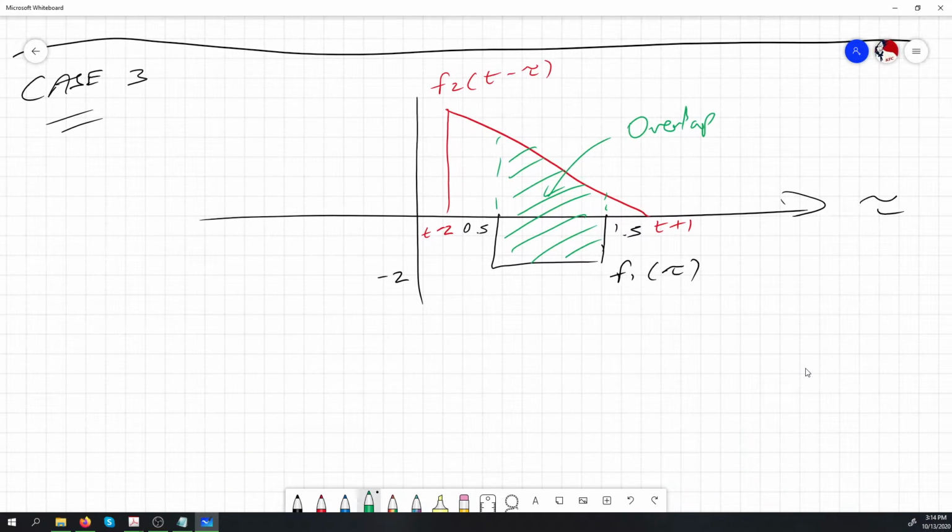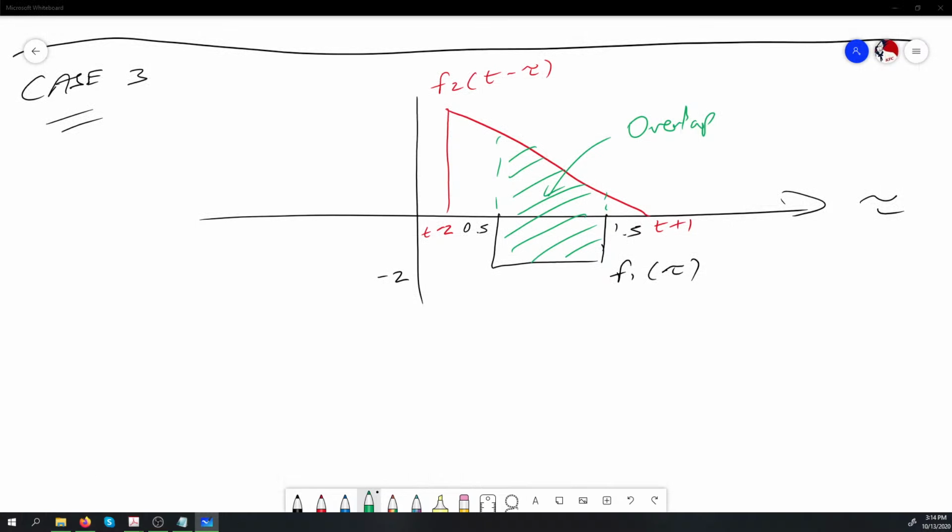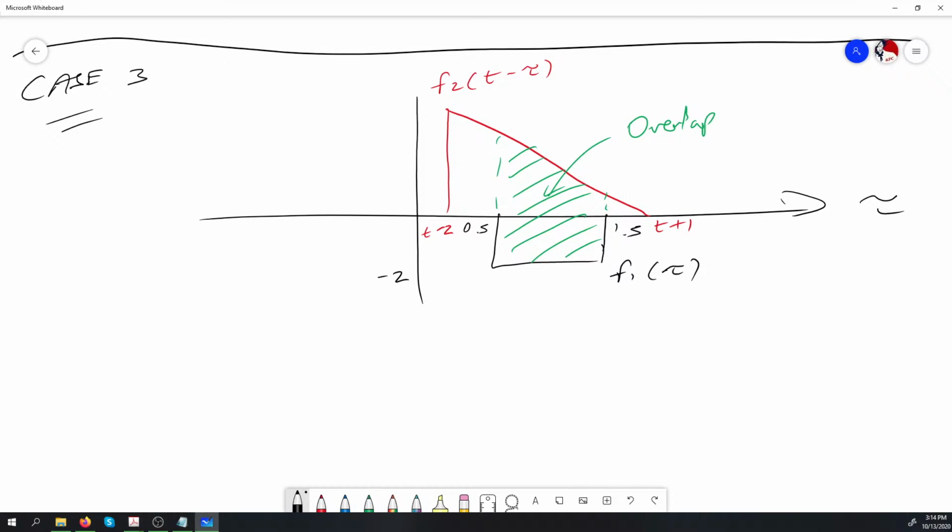In compensating for this, when we evaluate, the t plus 1 here has already crossed the 1.5 value. So t plus 1 is more than or equal to 1.5, so t here will be more than or equal to 0.5.